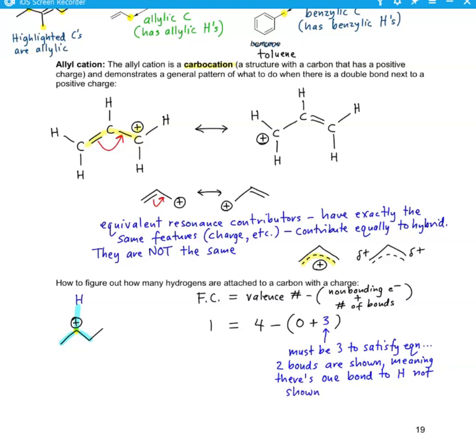Now, as a side note, it's totally okay to draw in the hydrogen. Just because we can omit the hydrogens doesn't mean, especially as you're learning this and getting used to it, that you have to.